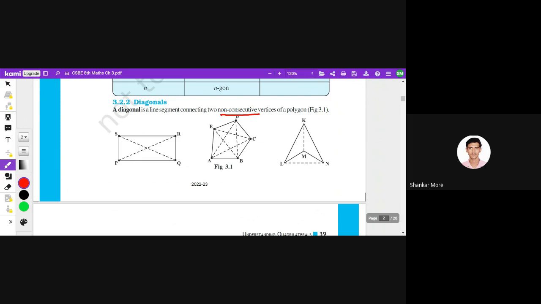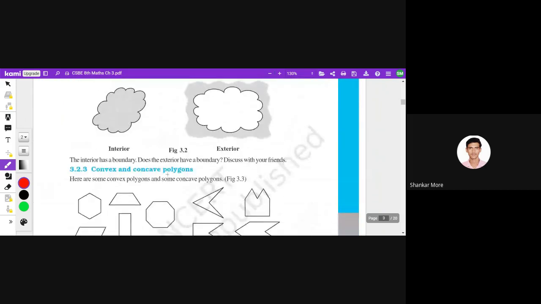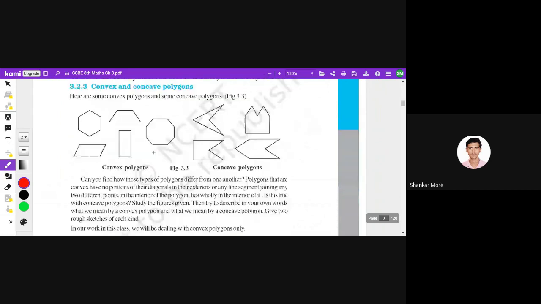Okay, now let's move to the next topic, that is convex and concave polygons. Now we know what is an interior and exterior diagonal, so we can figure out whether the given polygon is a convex polygon or a concave polygon. How can we do that? If you see a few of the examples here, these are convex polygons and these are concave polygons. So how do we figure it out?